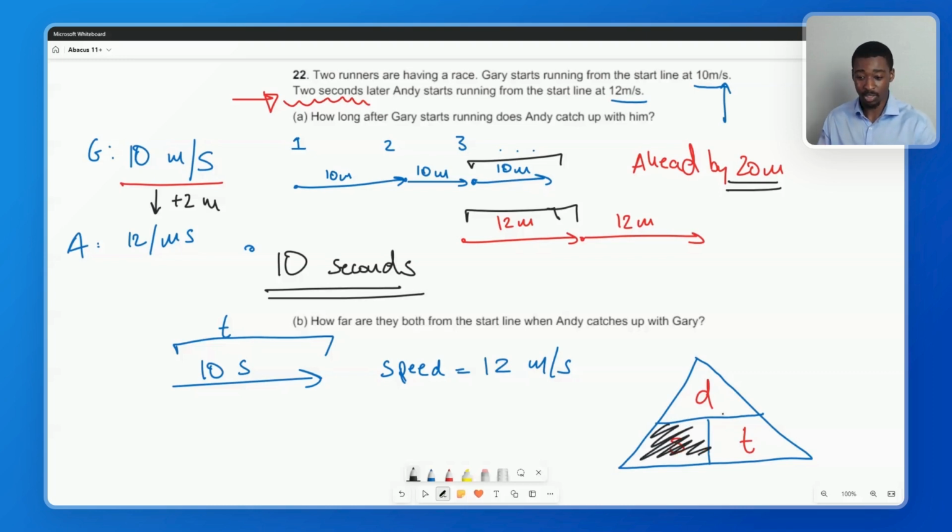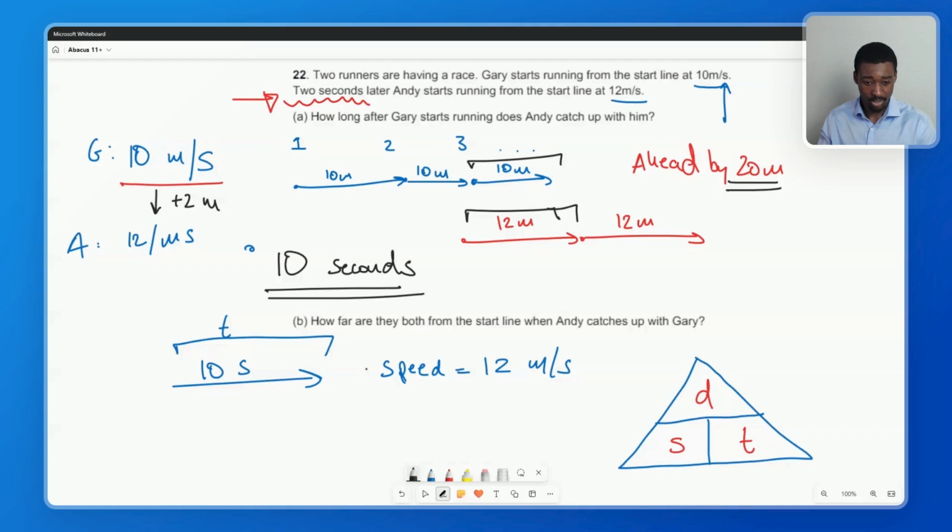And this triangle tells us that to work out speed, we take distance and divide it by time. Same thing if we want to work out time, cover up time, it's distance divided by speed. And then if you want to work out distance, this time it's a bit different. It's going to be speed times time. So that's the speed, distance, time triangle. Super useful for our 11 plus exams.